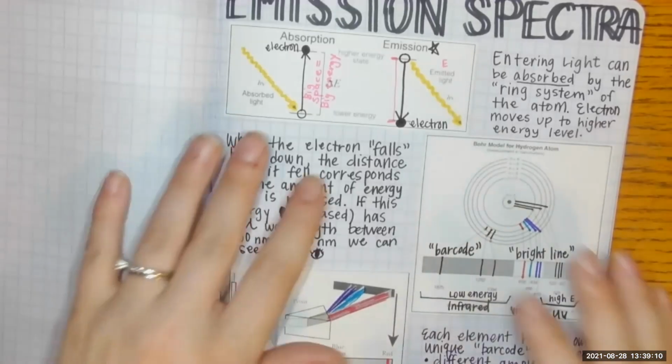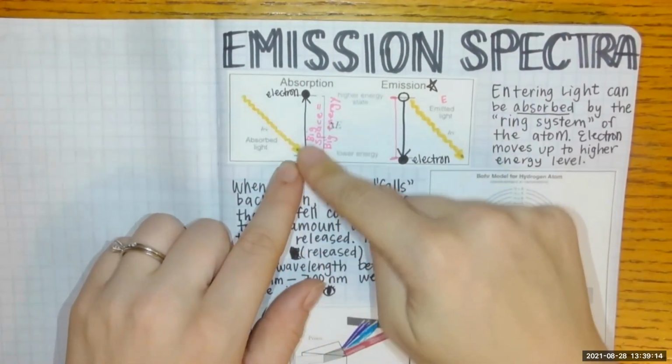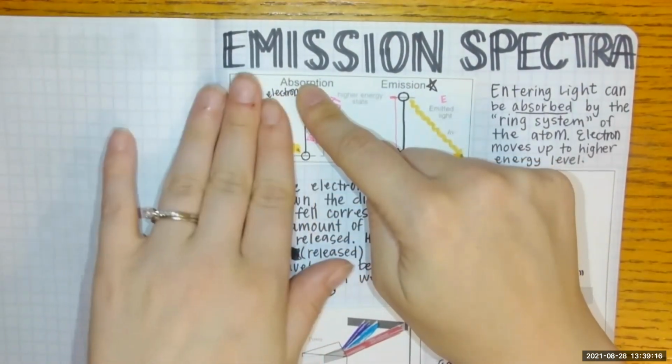The tube has to be plugged into electricity because for emission to happen, absorption must have occurred first. You can't have an electron falling unless it was first pushed up into a higher ring. So in the notes, energy came in, and we don't care about that.